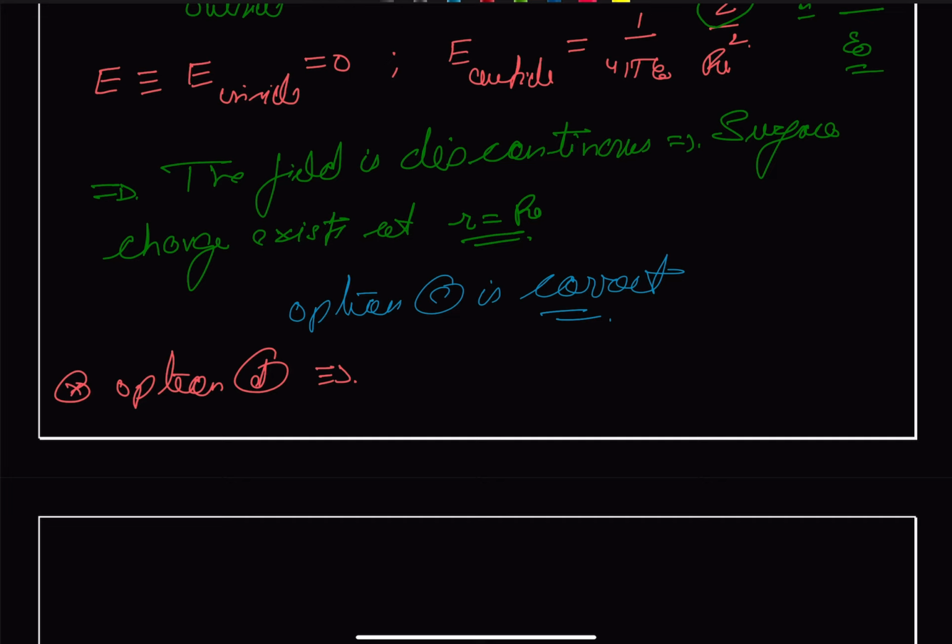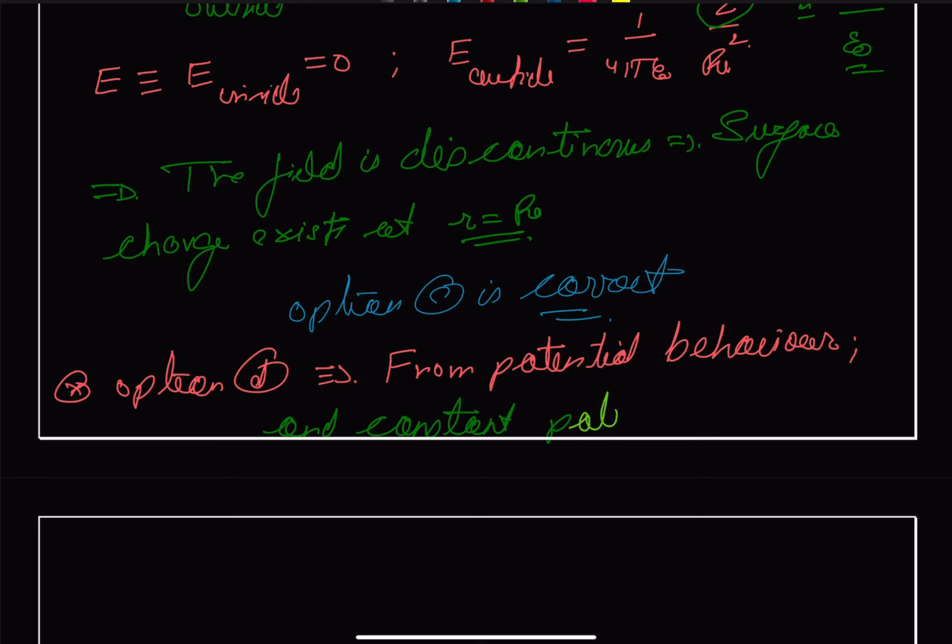So for option D, we can say that from potential behavior and constant potential inside, from the graph we can easily see that when r is less than or equal to r naught, the potential inside is constant.